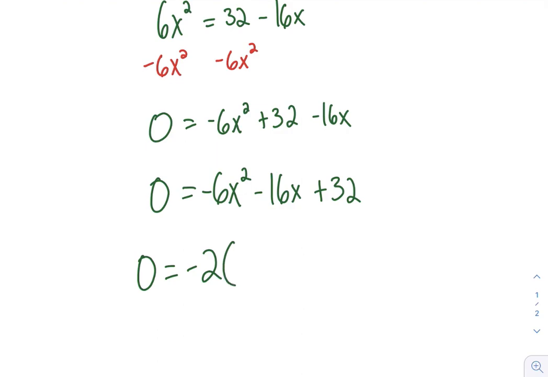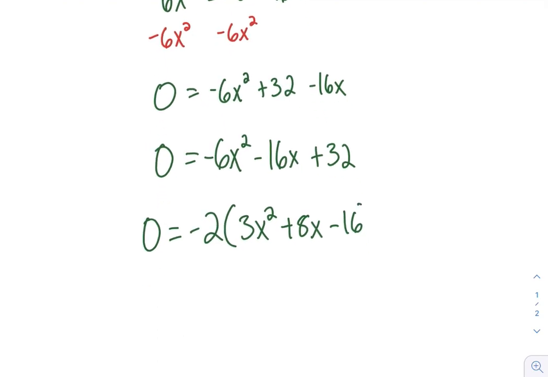So negative 6x squared divided by negative 2 is 3x squared. Negative 16x divided by negative 2 is plus 8x. And 32 divided by negative 2 is minus 16. Right? So you'll notice when you factor out a negative GCF, it changes all the signs in the original quadratic.